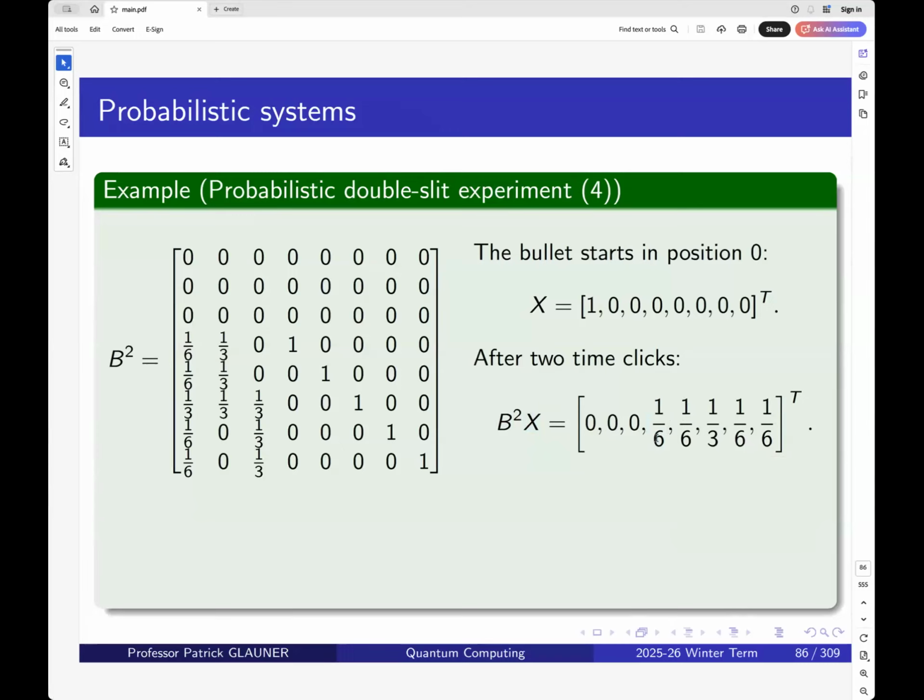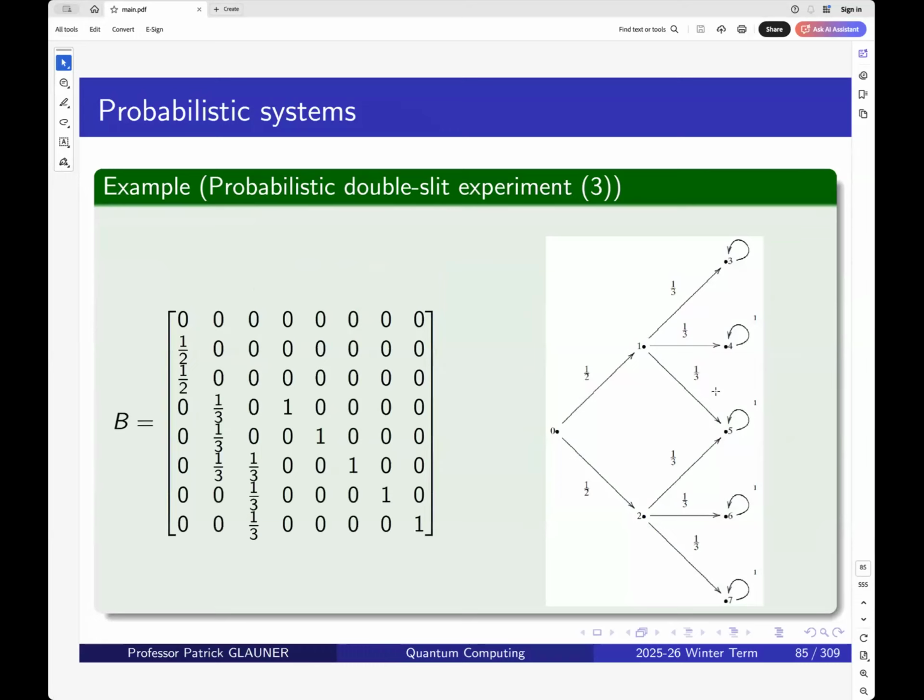3 zeros, and then 1/6, 1/6, a third, and then 2 more times 1/6. This has to do with the following. Because if I do two time clicks, the bullet is not here anymore. The bullet has evolved and would be now in positions 3 to 7 with a certain probability. And it's 1/6 for 6 and 7, 1/6 for 3 and 4, and 2 times 1/6 for position 5.